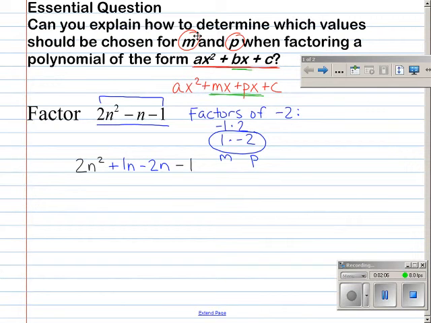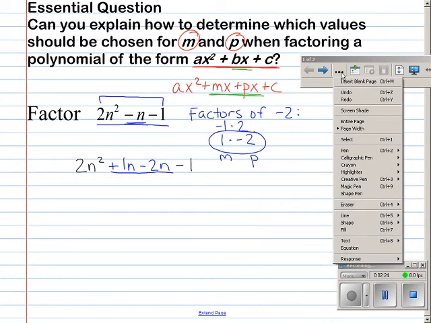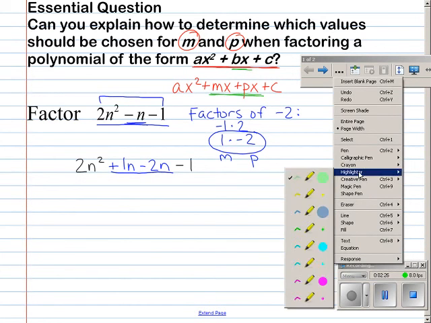So you'll notice it's the same problem, except now instead of -1n, I've rewritten that as 1n minus 2n. But if you add those two numbers together, you still get -1n. So now we have 4 terms, and since we have 4 terms, we can do factor by grouping.